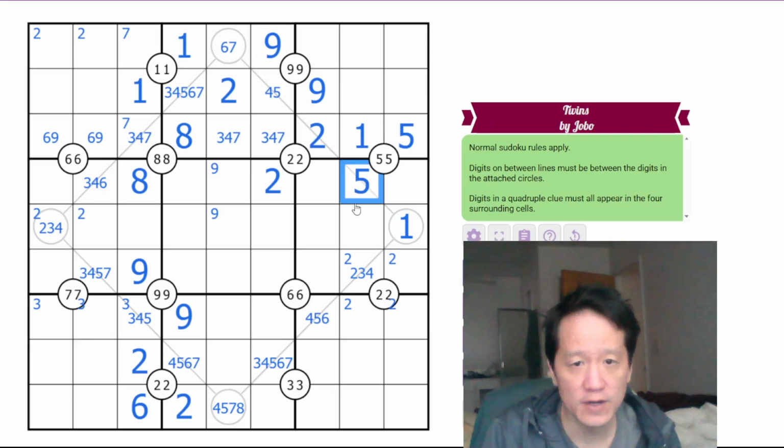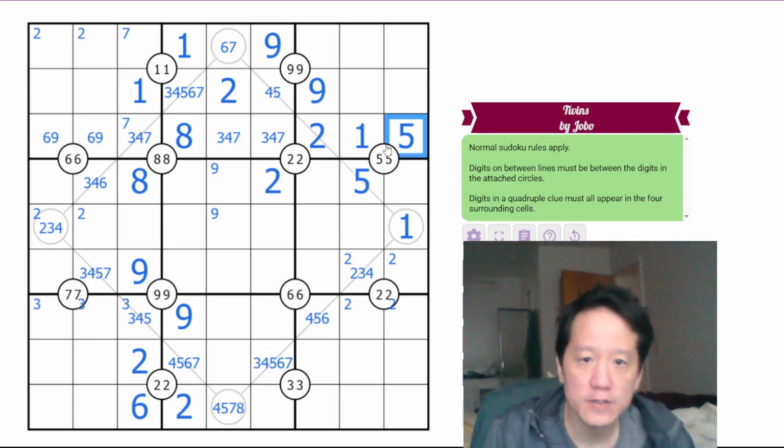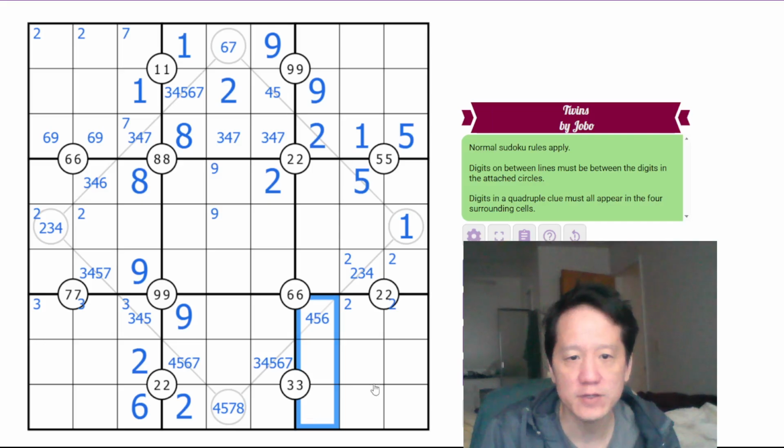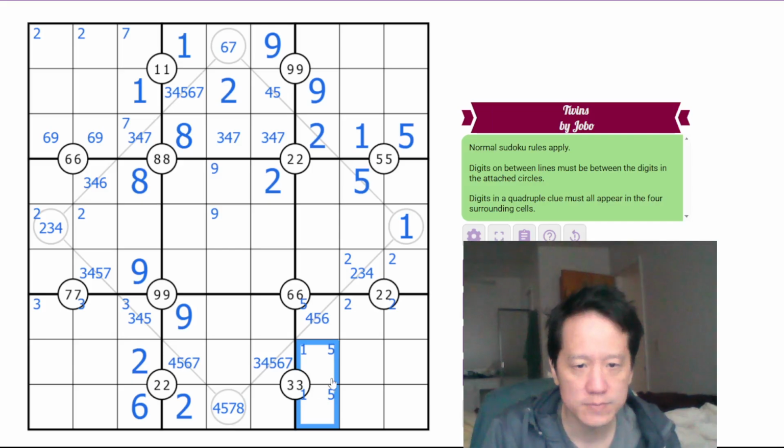We have a 5, 5 in these two rows, so 5 has to be one of these, and 1 has to be one of those also, right? Because we have a 1 and a 1 here. So 5 must be here, 3 must be here because of the 3-3 twin.